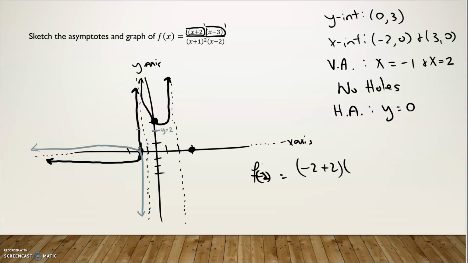Yeah, I can't use that one. Let's use x is equal to -4. Let's use that one.